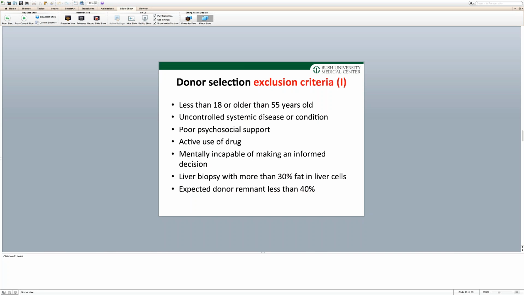Also, if the patient undergoes liver biopsy and is found to have more than 30% fat in the liver cells, the majority of the centers performing adult living donor transplant will not allow these donors to donate part of the liver. Also, if after evaluation of the anatomy of the liver, the expected donor remnant is less than 40%, patients usually are not accepted as a donor.